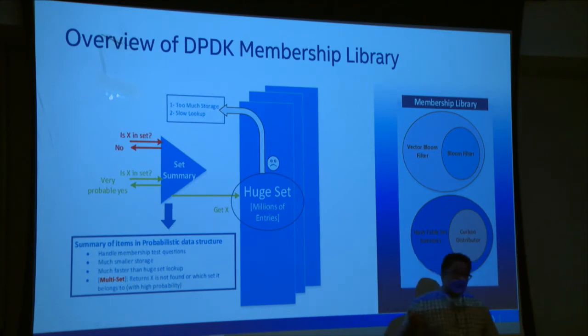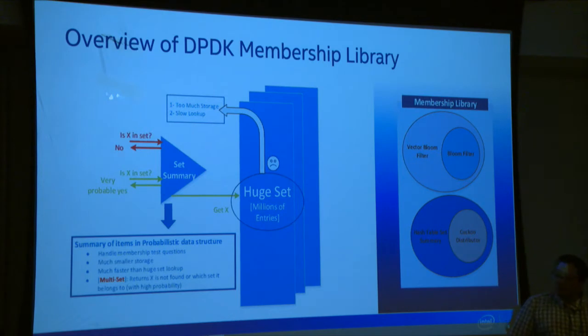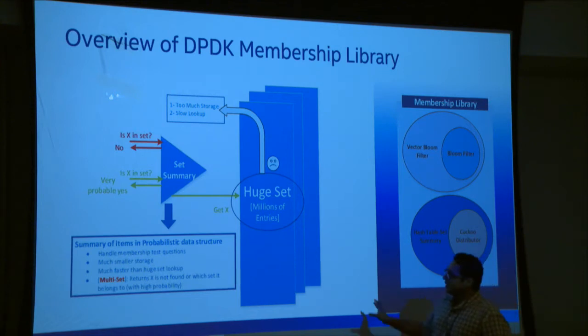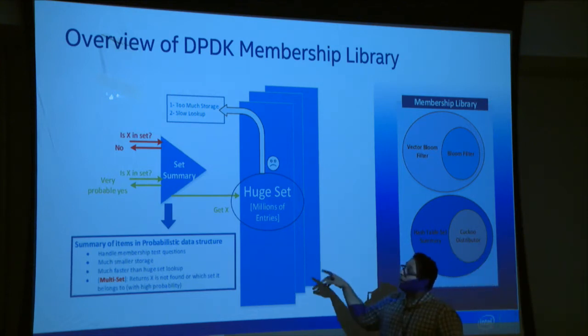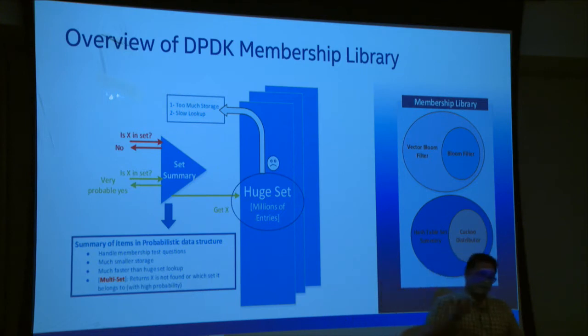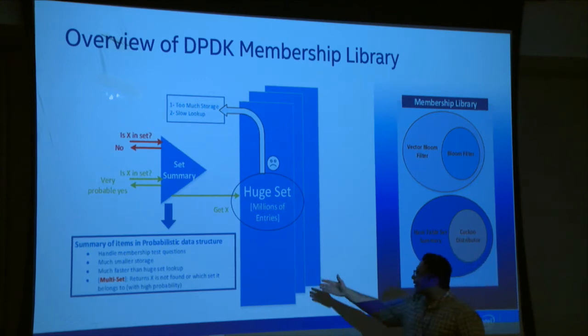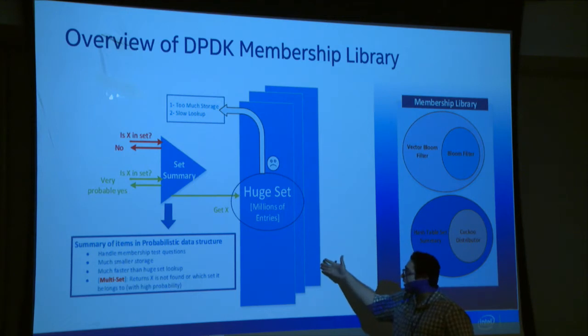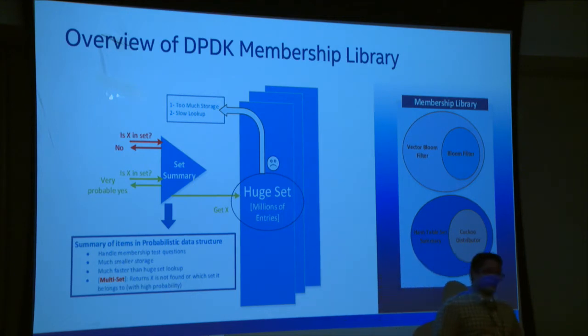So you get X, and the question that you want to answer is whether X is in one of these sets or not. The membership library will create the set summary and can get you back very quickly saying that X is not part of the sets, or it is very probably part of one set, and if there are many of them, which one it is part of.